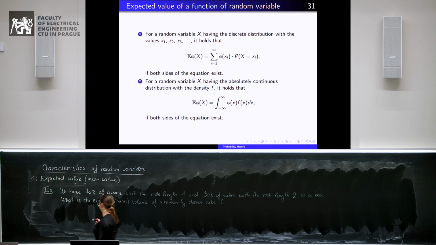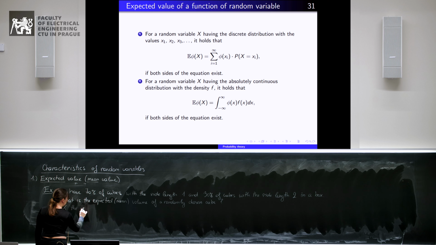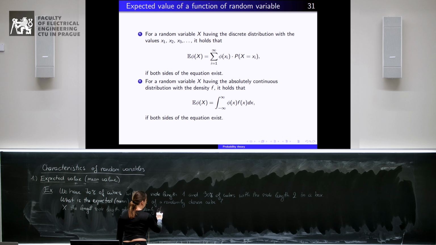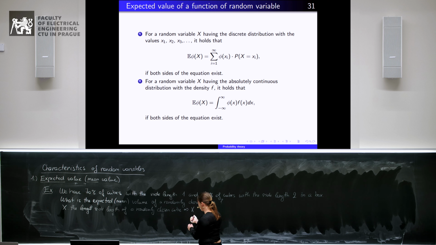So let's consider X the side length of a randomly chosen cube, and we know that X is equal to 1 or X is equal to 2.